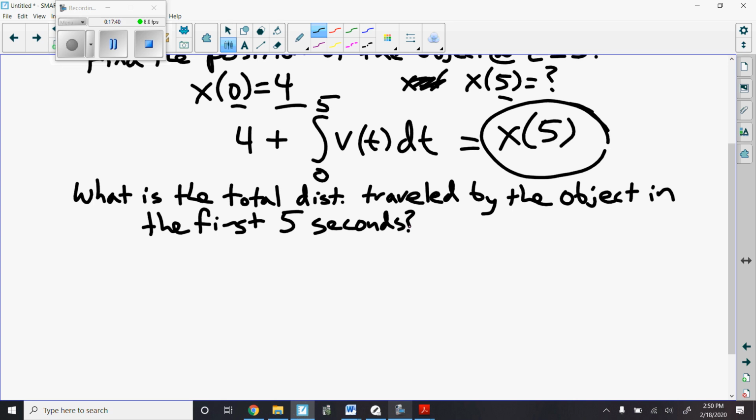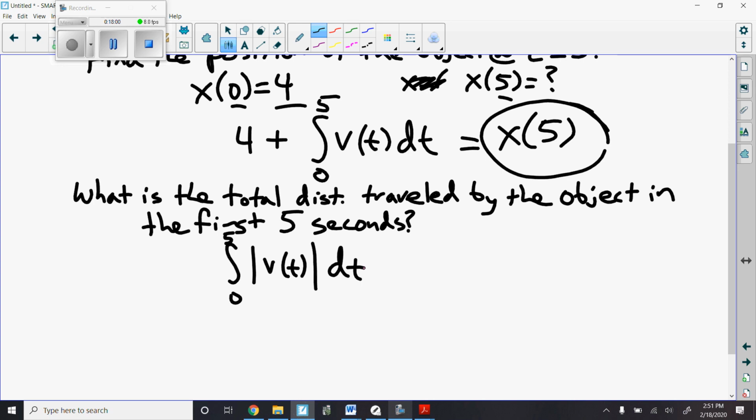Okay, so if I wanted to solve this one over the first 5 seconds, my answer would be the integral from 0 to 5 of the absolute value of v of t dt.